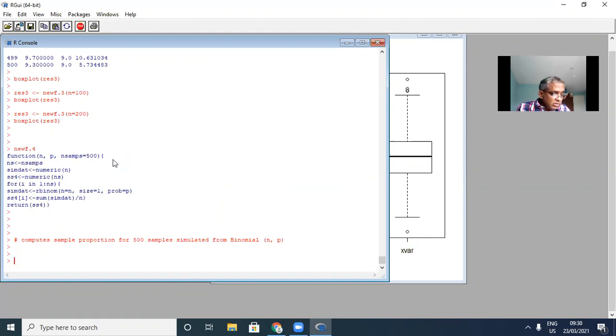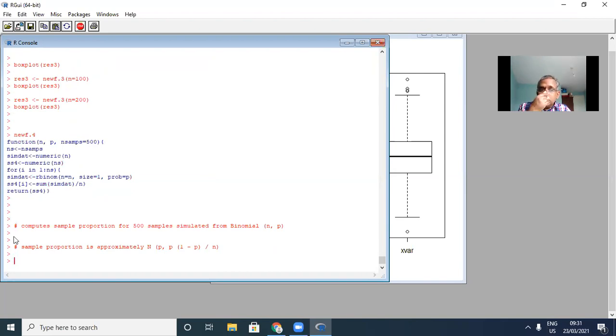I don't know whether you remember, when I talked about the binomial distribution, one result that I mentioned, actually I think I proved this result, is that when you have data from a binomial, the sample proportion is approximately normal with mean equal to p and the variance equal to this.